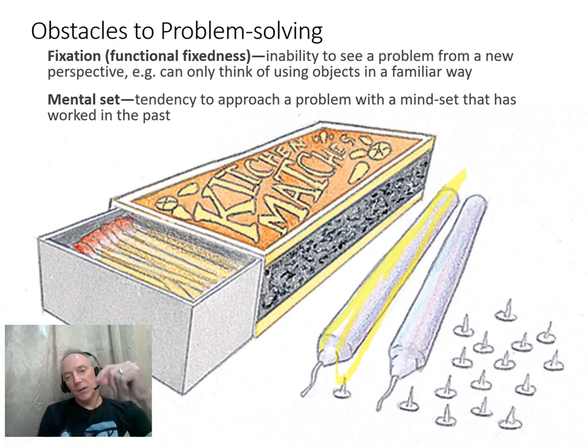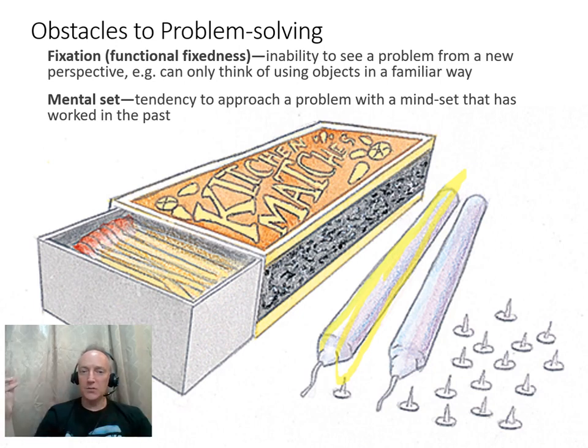You could use some thumbtacks from underneath the box so you can stand up the candle and thumbtack it so it stays standing up. You could even light one of the candles and melt the bottom of one candle so the wax will also help it stand up. And then you light the candle and you now have it safely sticking far enough away from the wall that you're not going to burn the wall.